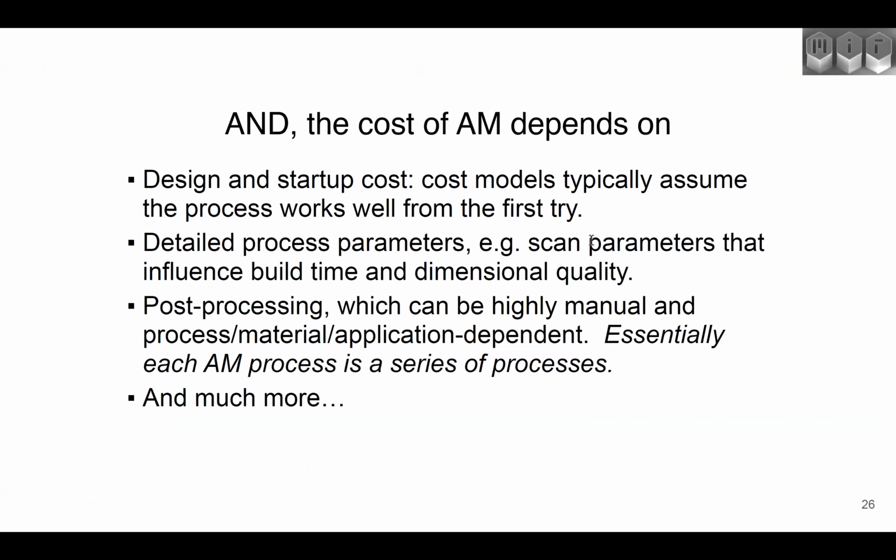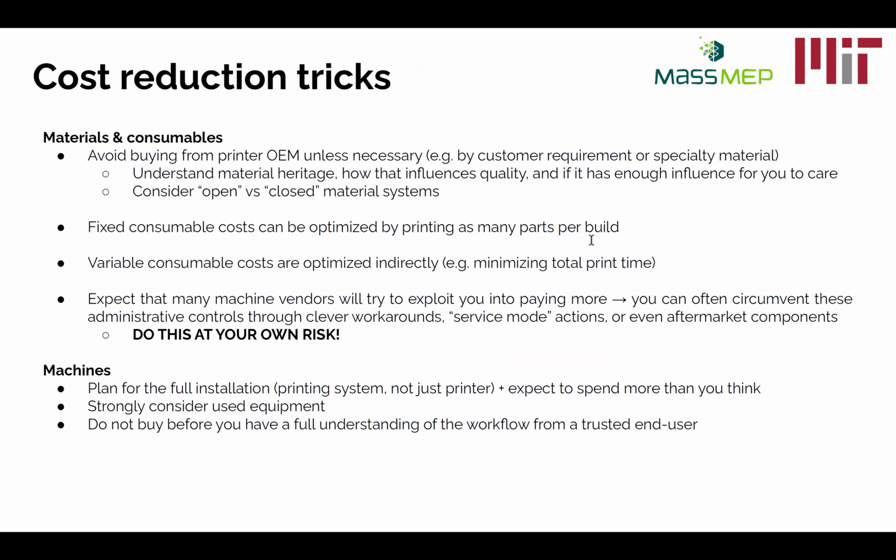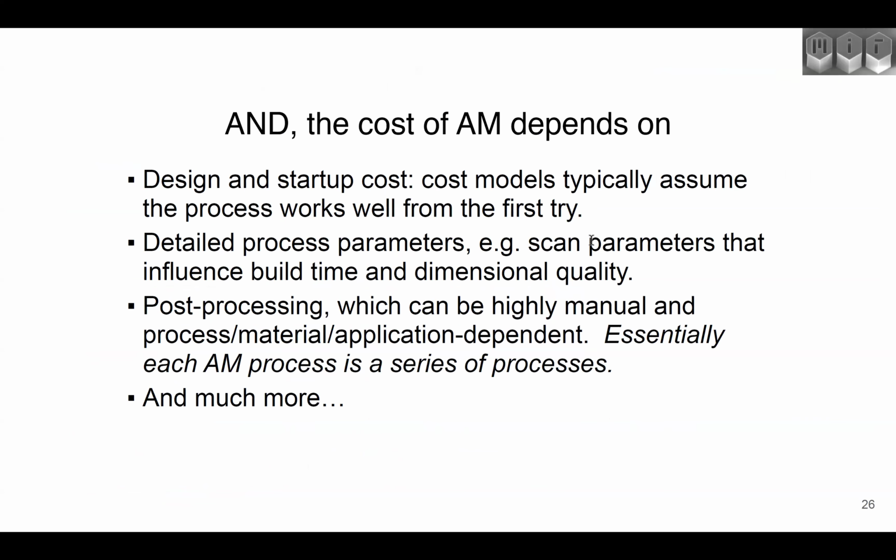And then last, this is okay, not the last slide, sorry. The other thing is there are a lot of other cost factors I didn't calculate, because there's no way to just give you a formula to calculate them. But we want to factor in the fact that there's going to be some trial and error, like we talked about last webinar, and that has a cost associated with it. Build process parameters, there are often out-of-the-box ones that the vendor will give you or that are baked into the software.